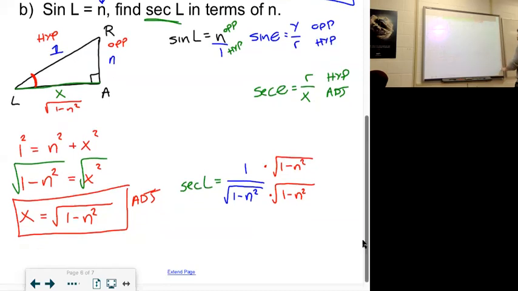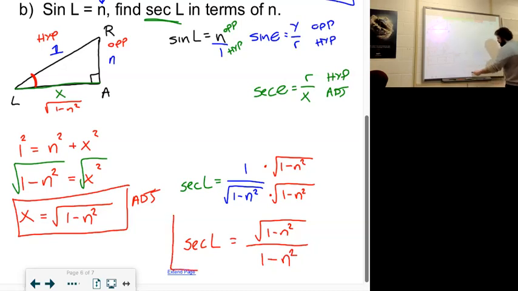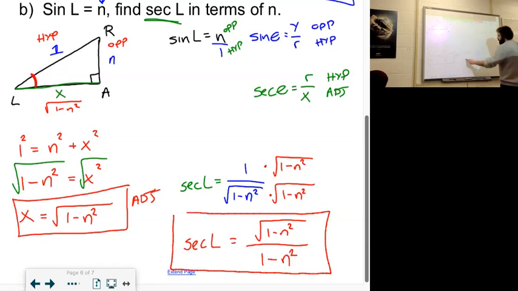And this will leave us with secant of L equals square root of 1 minus n squared over, and then root 1 minus n squared times root 1 minus n squared gives us 1 minus n squared here. That's as far as we can really take this, and that's what the secant of L is going to be equal to. A lot of algebra. So I would target this level of rigor for this type of question.